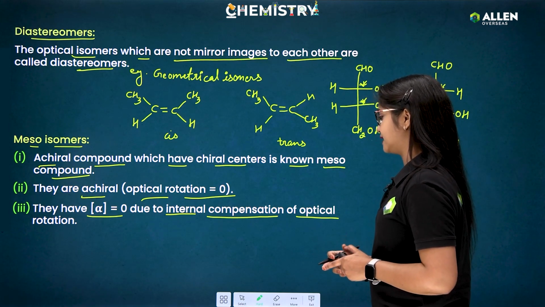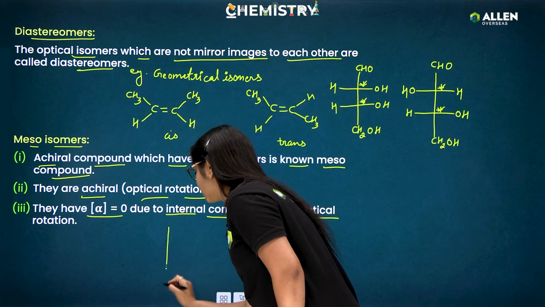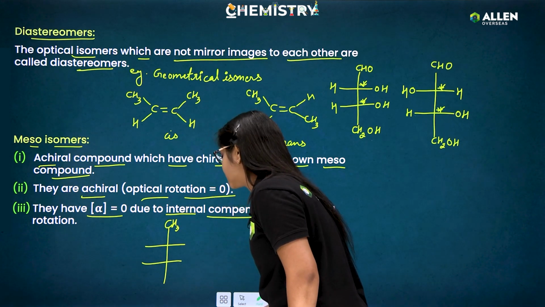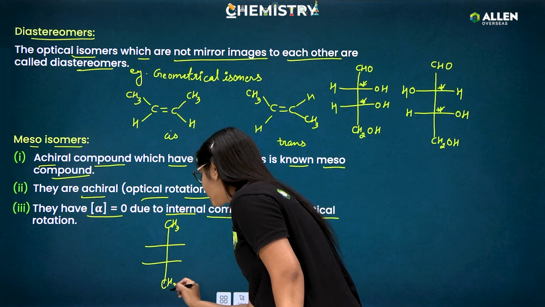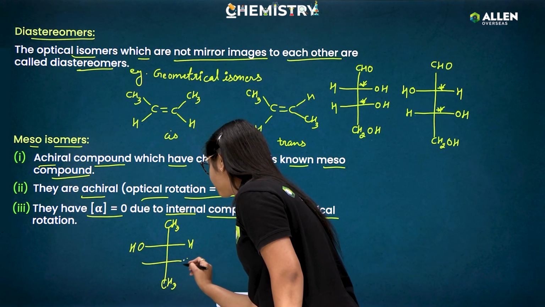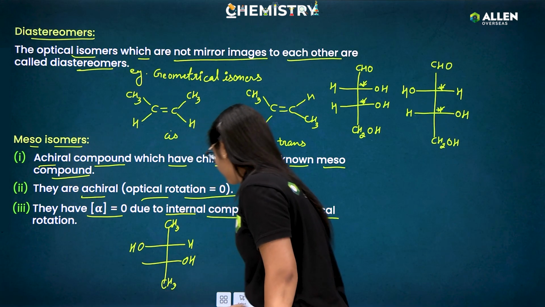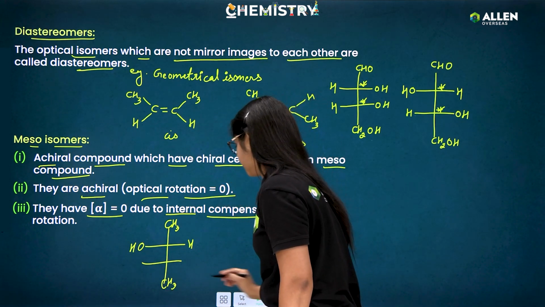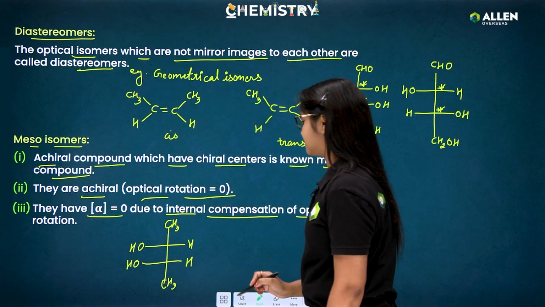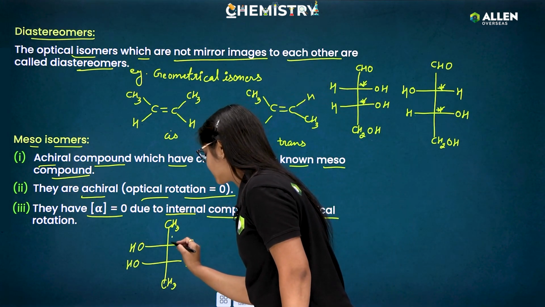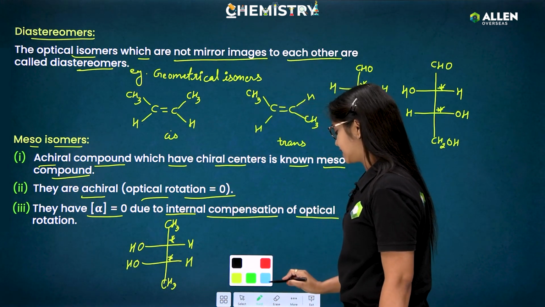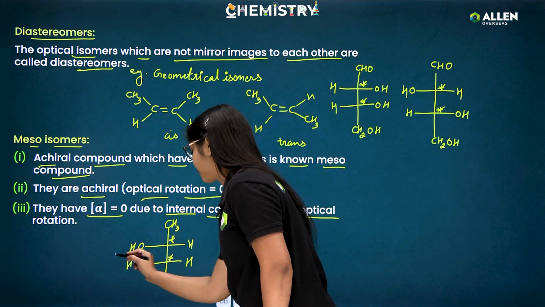So let's take one example here. Okay, suppose we have this compound CH3, OH, H, OH, and H. Now if I talk about the chiral carbons, yes, this carbon is chiral, this carbon is also chiral, but here plane of symmetry is present.